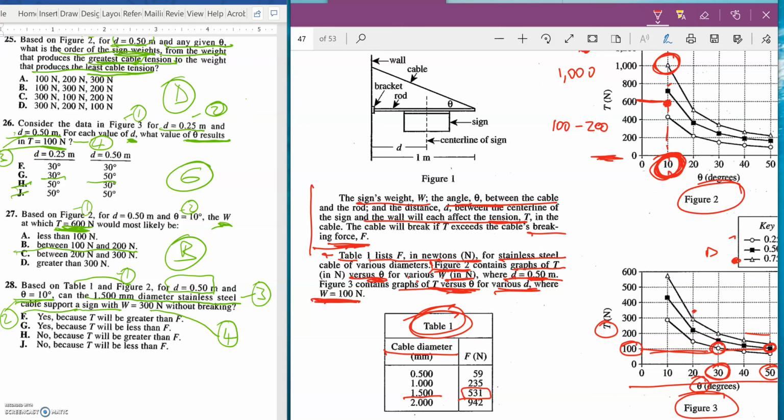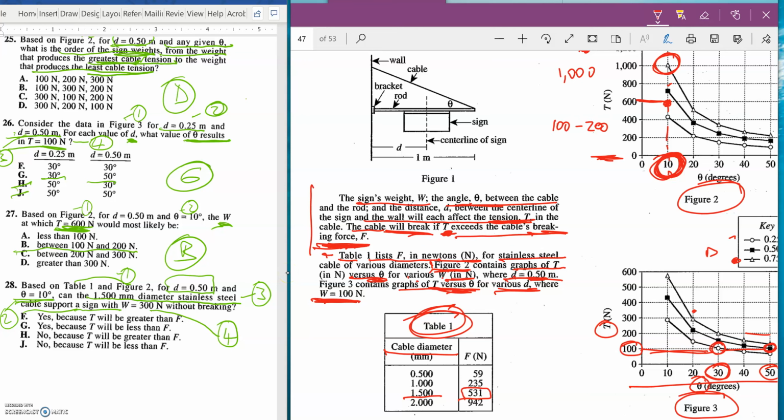So let me see. The sign's weight W, the angle theta between the cable and the rod, and the distance D between the center line and the sign and the wall will each affect the tension T, and the cable will break. Oh, here we go. The cable will break if T, tension, exceeds the cable's breaking force F.